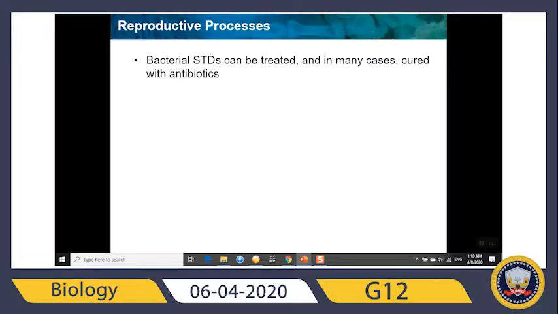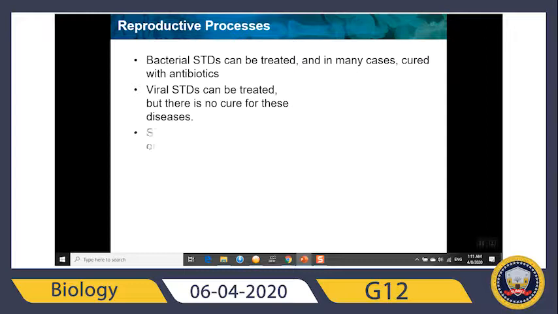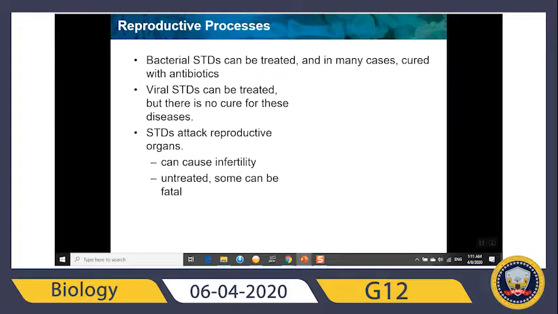Bacterial STDs can be treated and in many cases cured with antibiotics. Viral STDs can be treated, but there is no cure for these diseases. STDs attack reproductive organs and can cause infertility; untreated, they can be fatal. They can be avoided by abstinence or by using a condom.